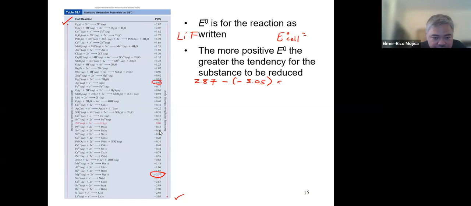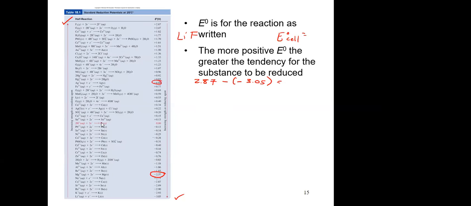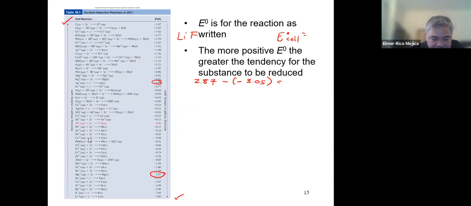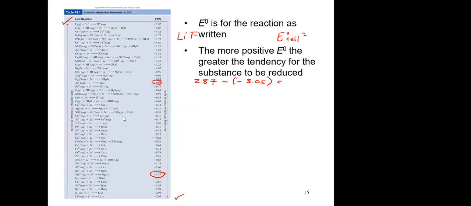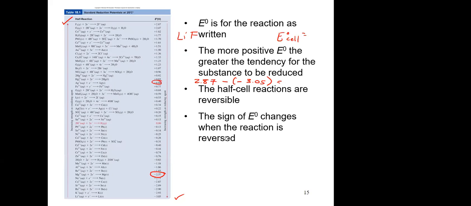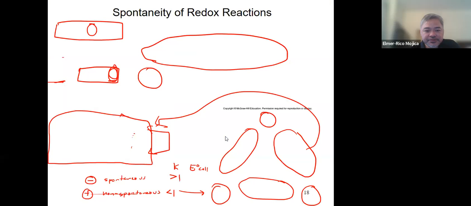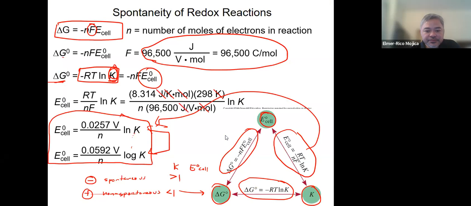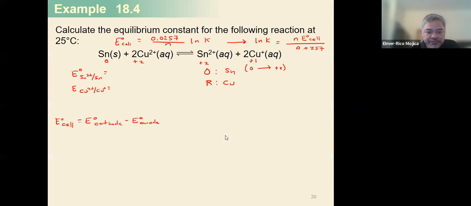So that's negative 0.14, and the copper 2 plus to copper plus, what is it? It's 0.15. Okay, so here you have 0.15 and here a negative 0.14.